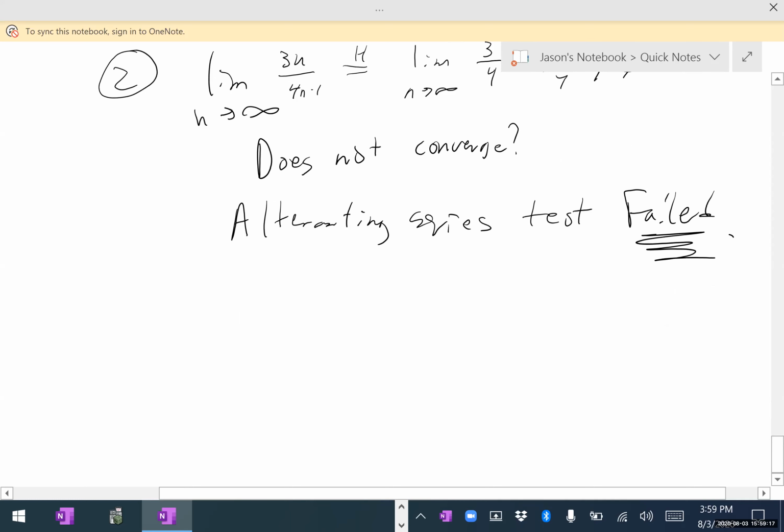We know the alternating series test just didn't work, so let's take the nth term test. We can't prove that it converges, but maybe we could prove that it diverges. The test wasn't powerful enough.